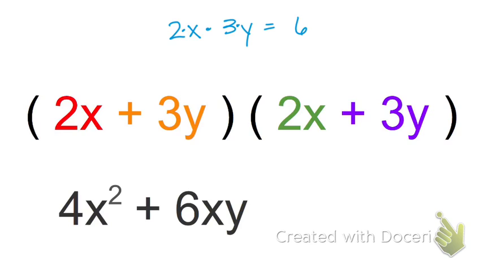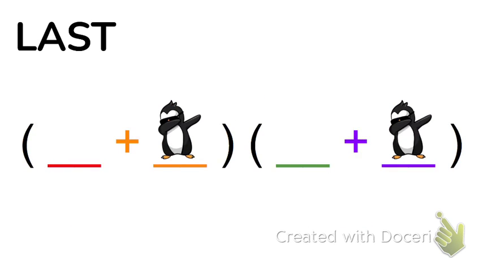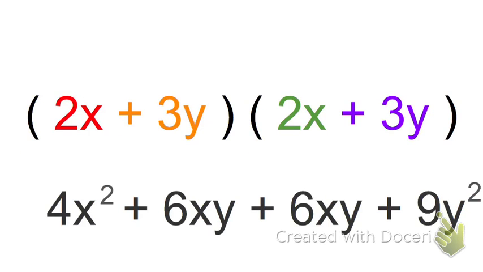When you write those, you write them in alphabetical order, so the x and then the y. And then you do the inside. So 3y times 2x. Again, same process. You get a 6 and then an xy. And then the last ones. 3y times 3y is 9y squared.